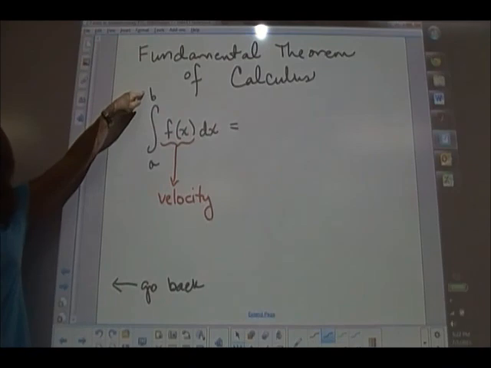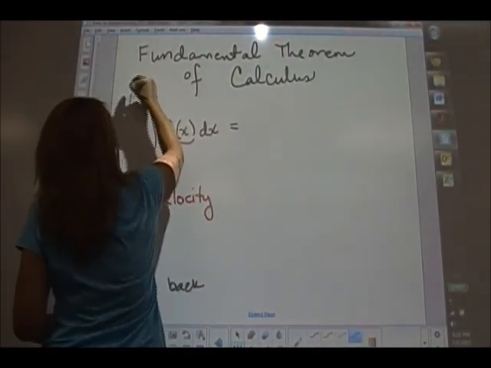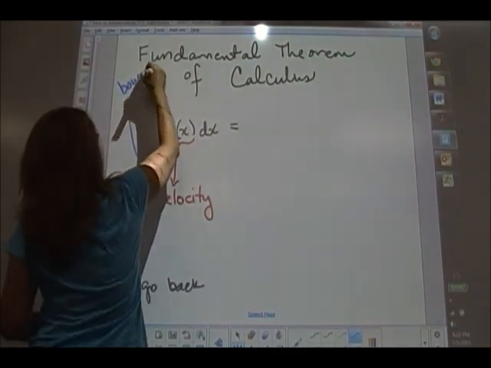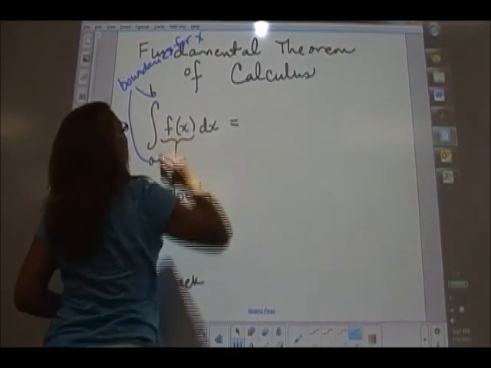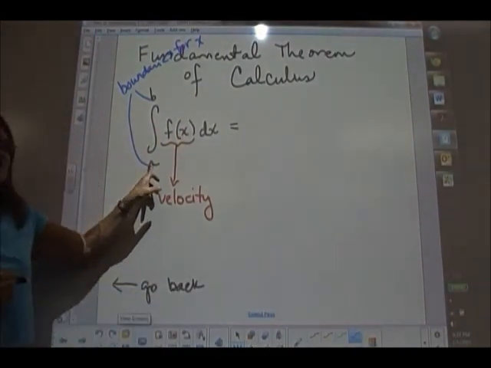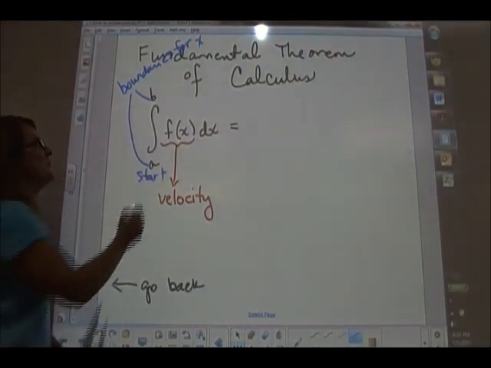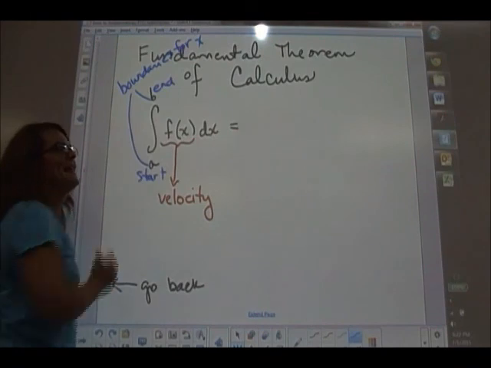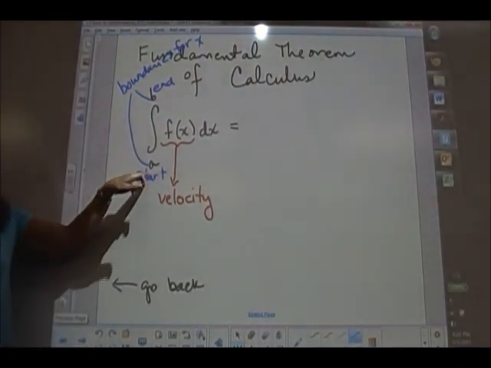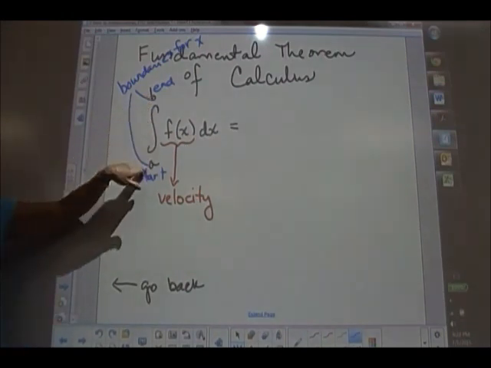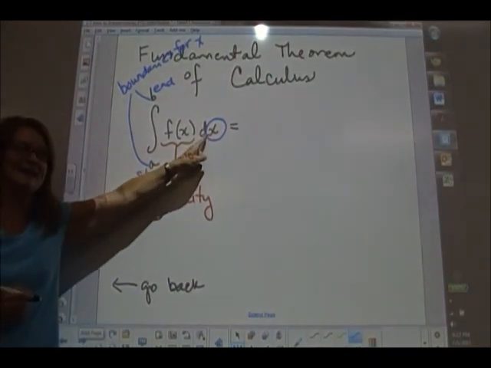But this a and b, those are the boundaries for your variable. That's where x starts. Here's your start. The bottom is always your start, and the top is always your end. Now the reason I know these are x values, these are x boundaries, is because I'm integrating with respect to x.